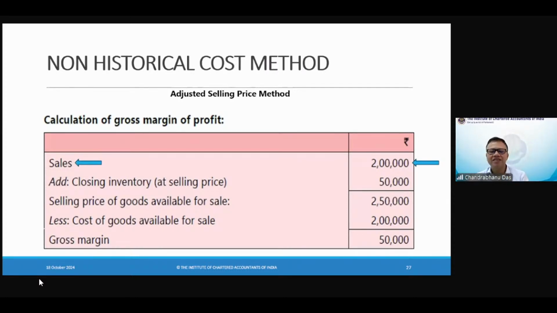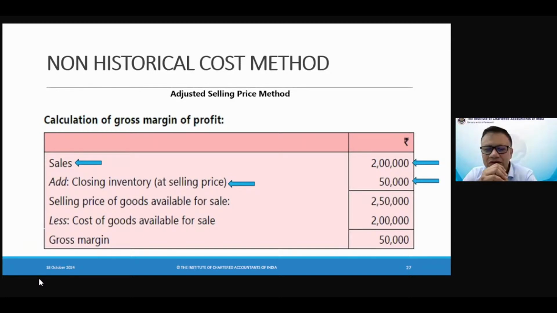What is the price of the balance goods? 50,000, right? So when I add this 50,000, what do I get? The total goods which are available for sale. So out of 2,50,000, I could sell only 2 lakhs. The rest 50,000 remained with me, correct? But what is this 50,000? This 50,000 is the selling price of goods. So what do I want now?